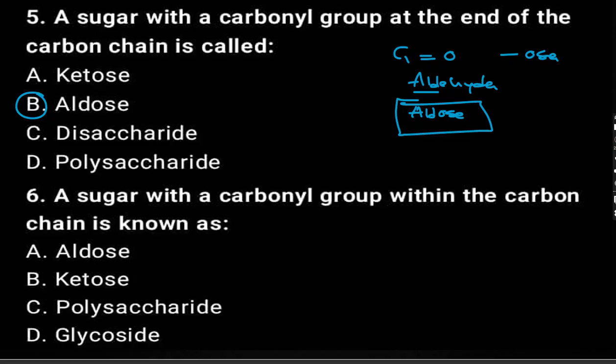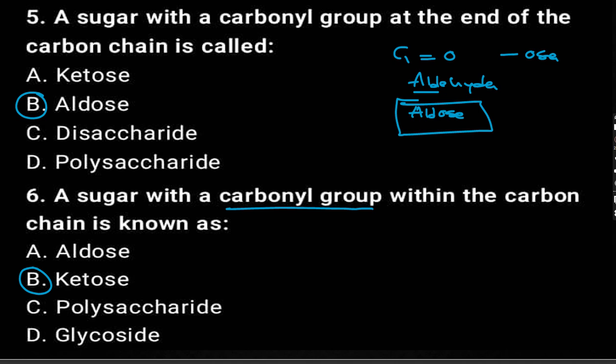All right, now question 6. A sugar with a carbonyl group within the carbon chain is known as what? If the carbonyl group is within the carbon chain, not at the first or at the end, it is actually the ketose sugar.